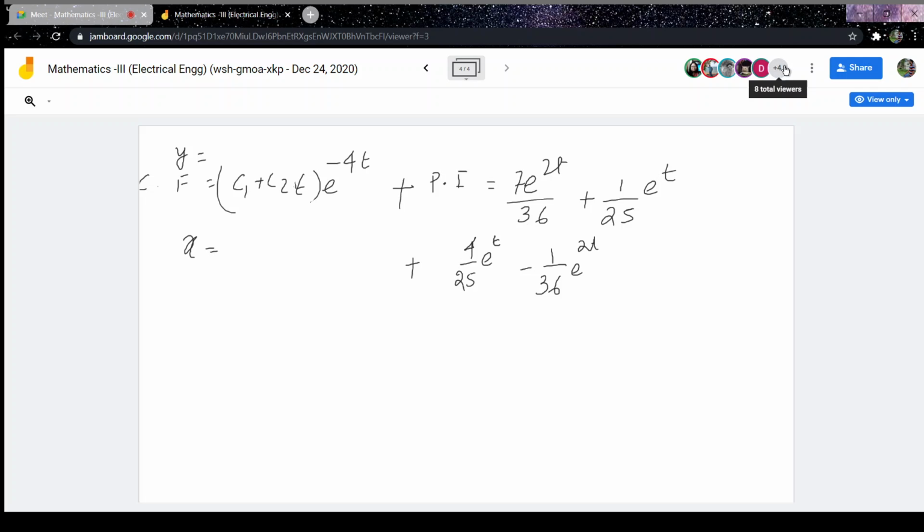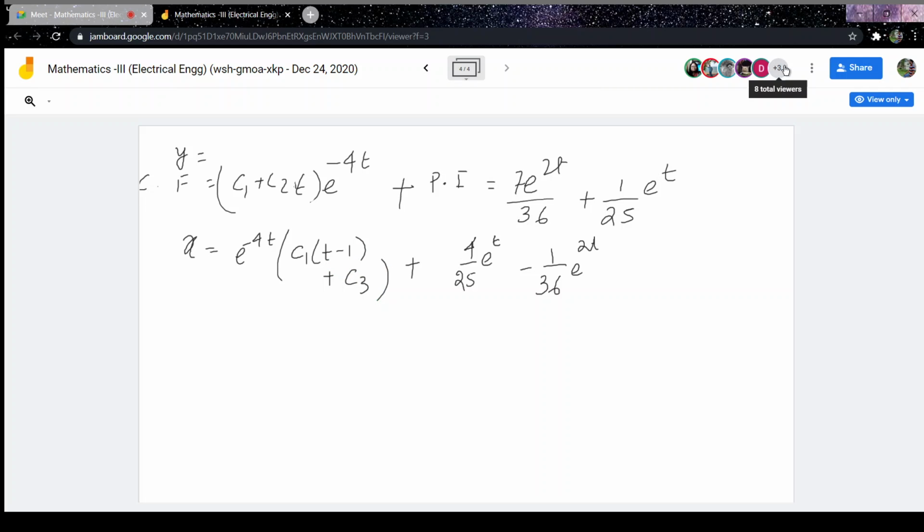So what is your x? Ma'am, is it e to the power minus 4t multiplied by some constant into t minus 1 plus some constant, plus 2 e to the power t by 25 minus 15 by 36 e to the power 2t?